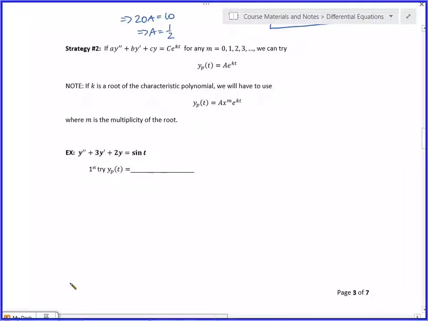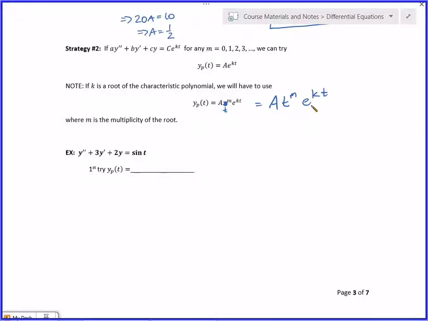If the right-hand side is c e to the kt, then use a e to the kt, unless k is a root of the characteristic polynomial, and you'll use, I don't know why I have an x in there, I need to fix that. That's a t right there. A t to the m e to the kt, where m is the multiplicity of the root.